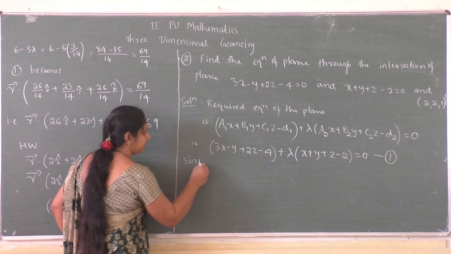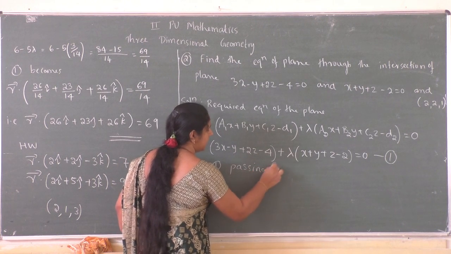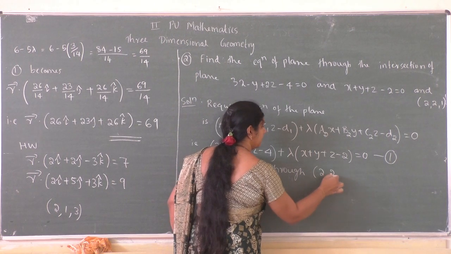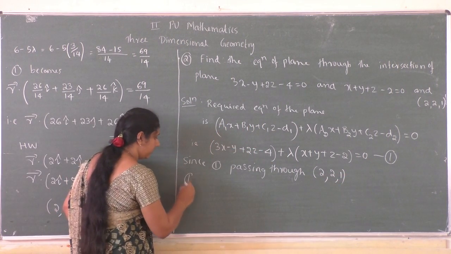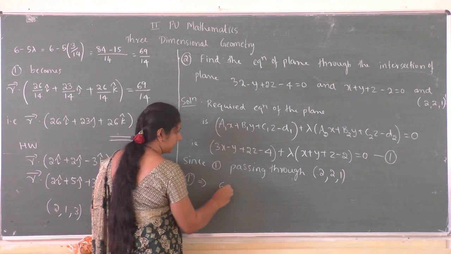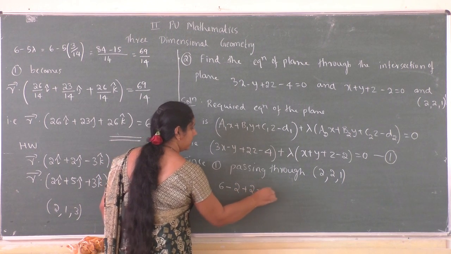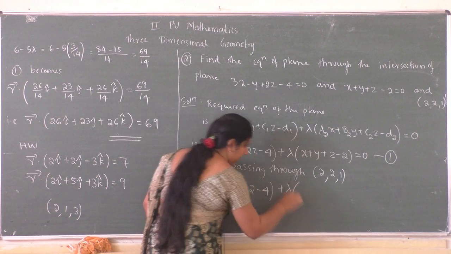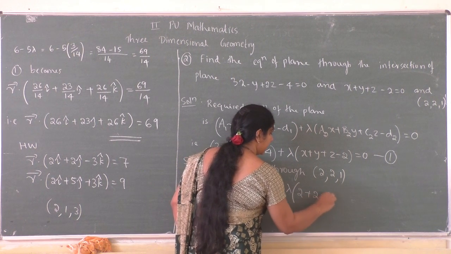So since equation 1 is passing through 2, 2, 1, equation 1 becomes: 3 into 2, 6 minus 2 plus 2 into 1, 2 minus 4 plus lambda times x is 2, y is 2, z is 1.